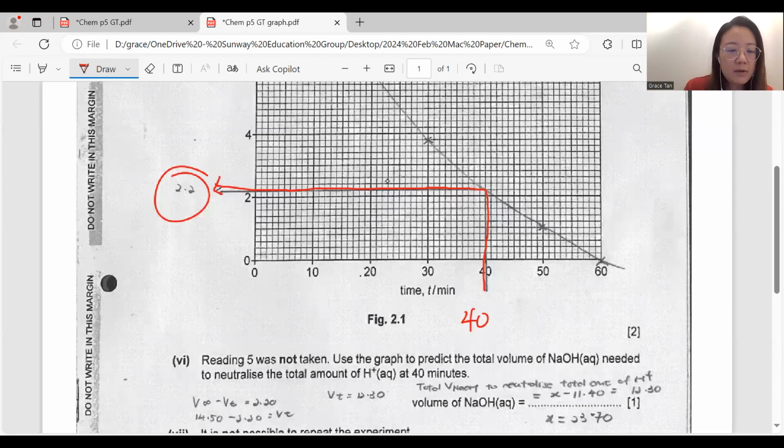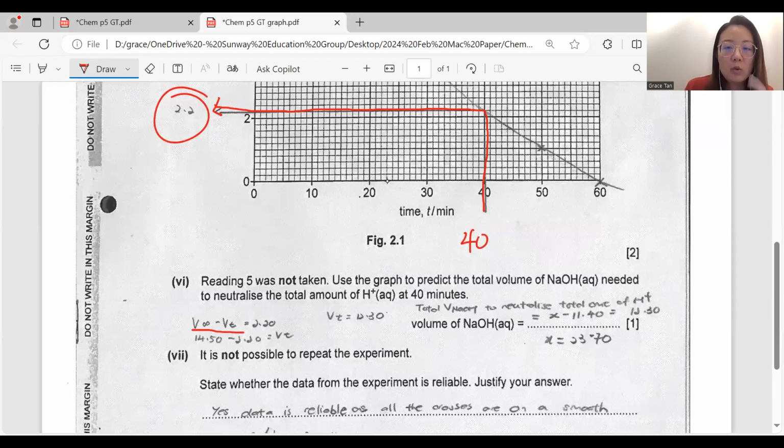You want the total volume of NaOH, so go back to the table. 14.50 is my V infinity. You take your V infinity minus the number on the graph, which I obtained as 2.2. That will be Vt, the volume required to titrate at that particular point of time, which is 40 minutes, and it is 12.30.